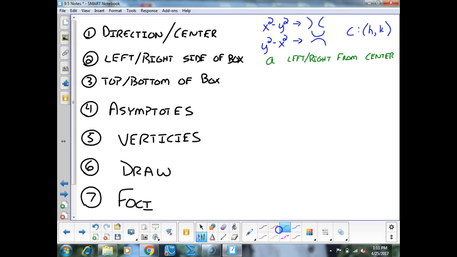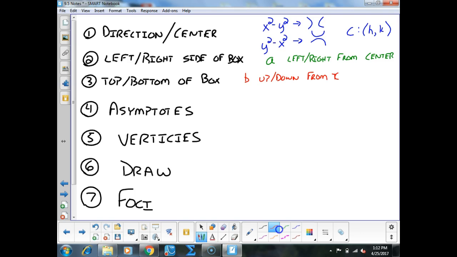So then it's b up and down from the center. A squared is always under x. B squared is always under y.